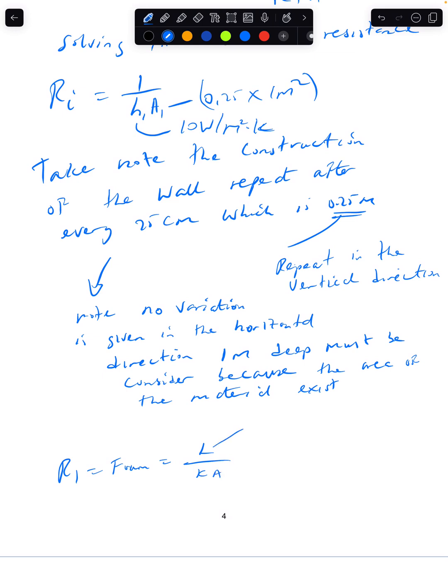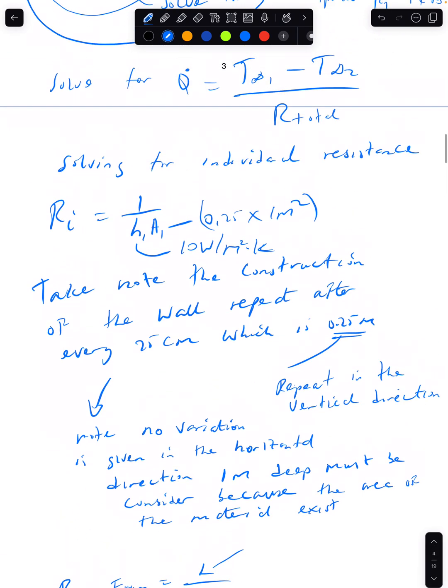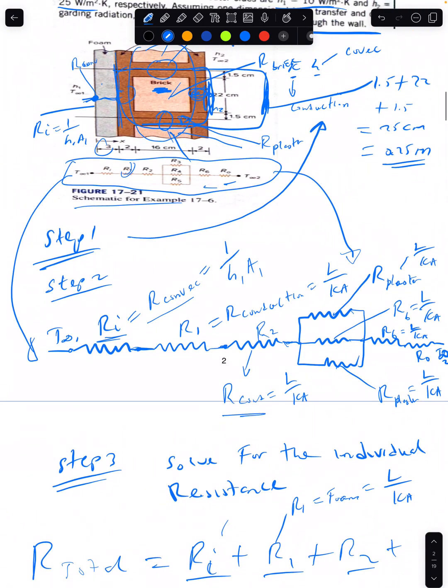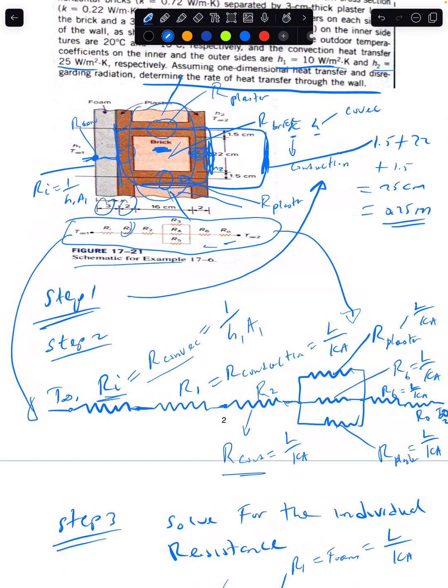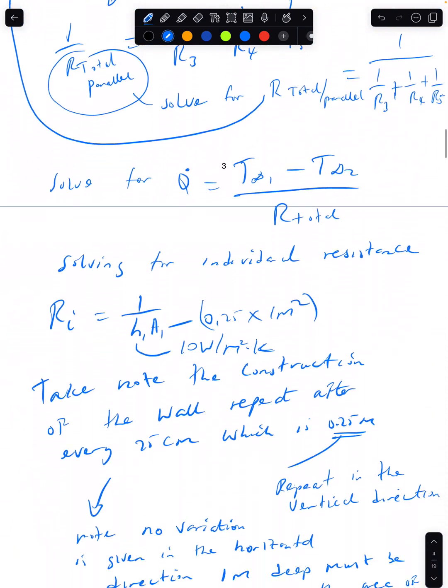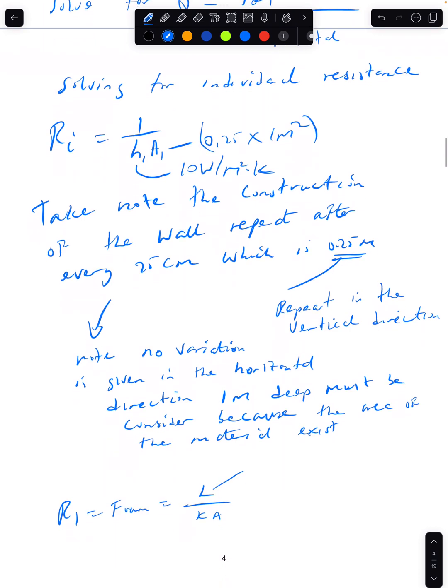What is that length? Look carefully. It is given in the problem. Look at this dimension here. This is the length for each of the materials. That is the length for foam. This is the length for plaster. That is the length for brick. That is the length for plaster. So we have that length given, and we need to convert that to meter.